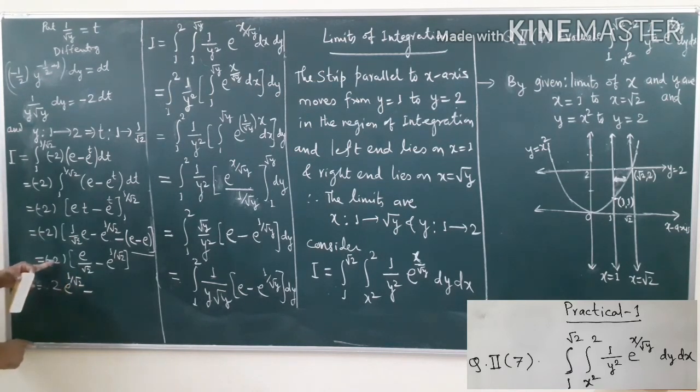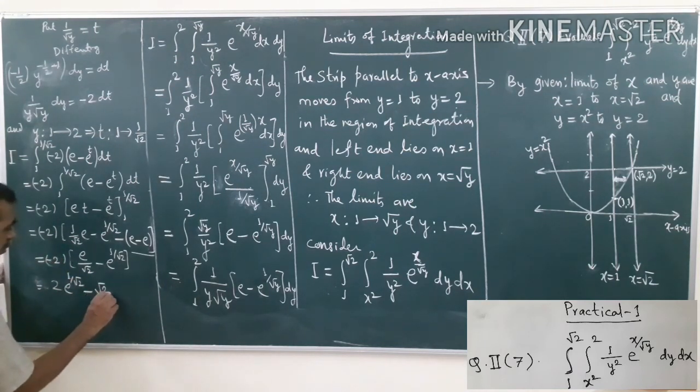Now, say this is 2 will be root 2 into root 2. One root 2 will get cancelled. So, what you will find is root 2 times e. So, this is our integral.